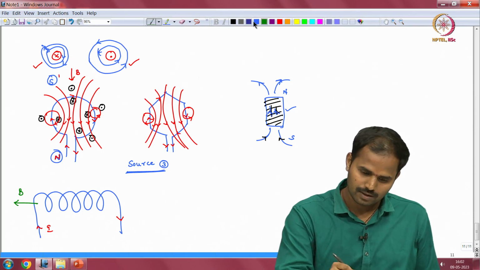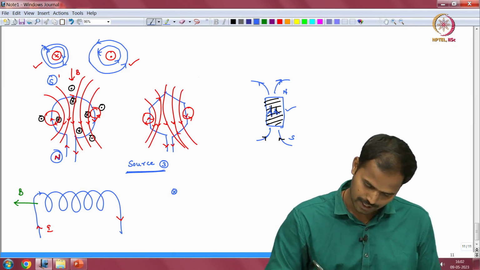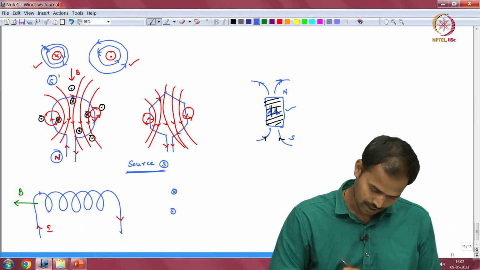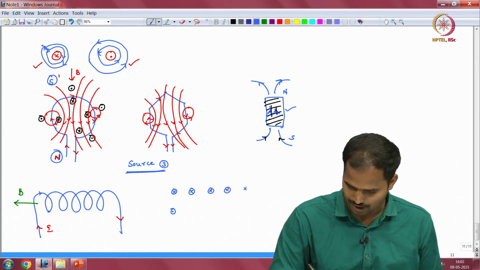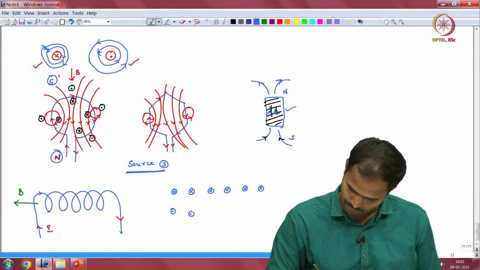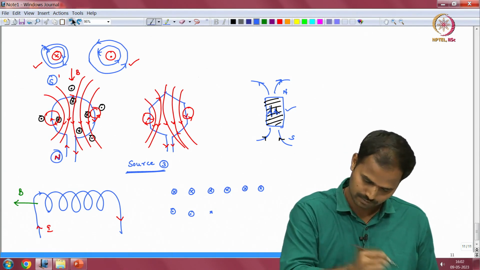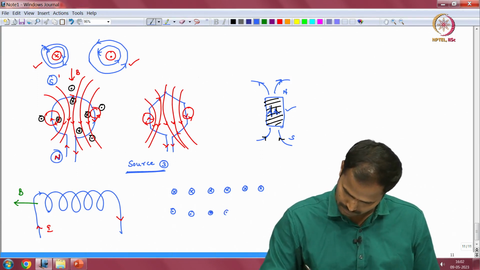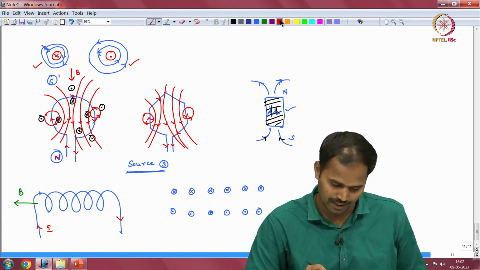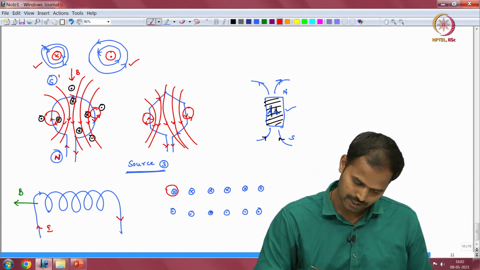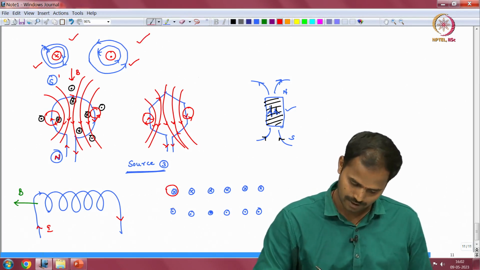So if I consider the current direction, current is entering at this point and leaving, coming out, at this point. Like this, if I represent all corners of the coil, how will the flux lines be for this plot? So here with respect to this one and this one, we can draw the flux line plot.